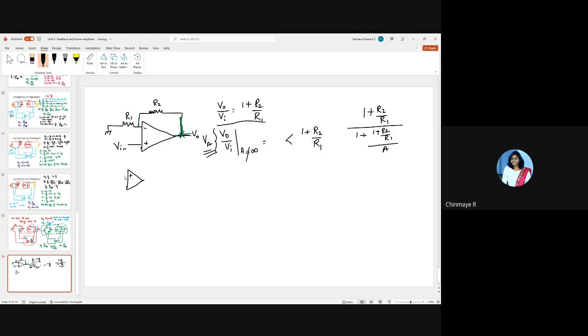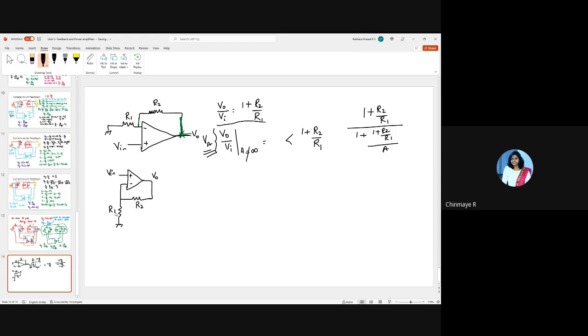At the positive terminal you're giving Vin, and the negative terminal you're feeding back. So this is V0, and this will be R2, and this will be R1.